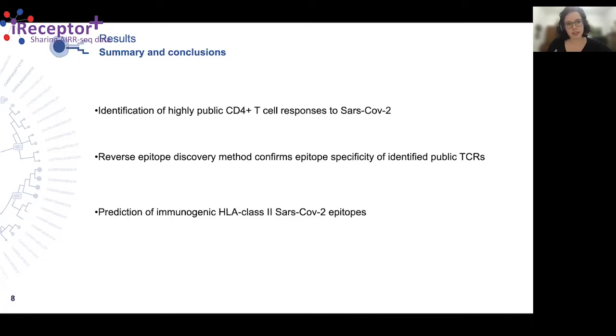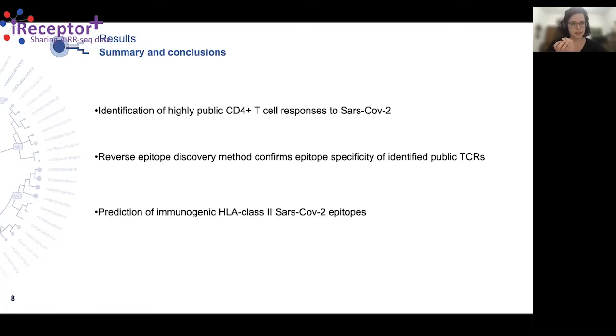And once we assessed somehow that the computational method works and is trustworthy, the idea is that one can analyze or find the specificity of only one or two of the TCRs in certain clusters and automatically assign the same specificity to the other TCRs in the cluster.